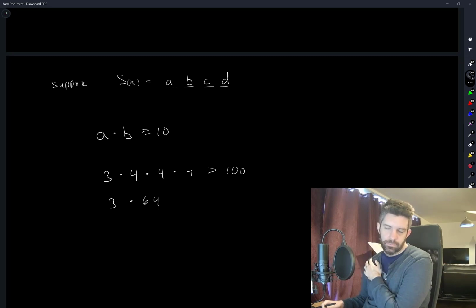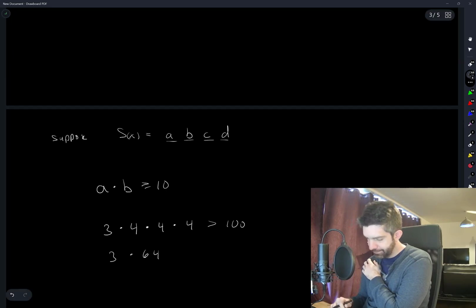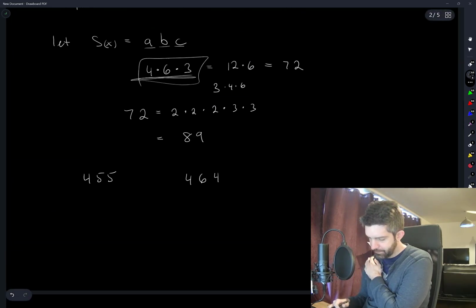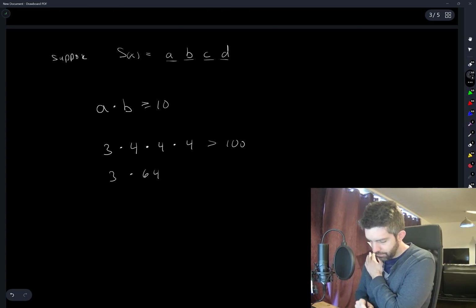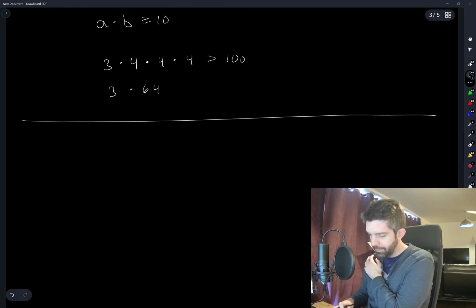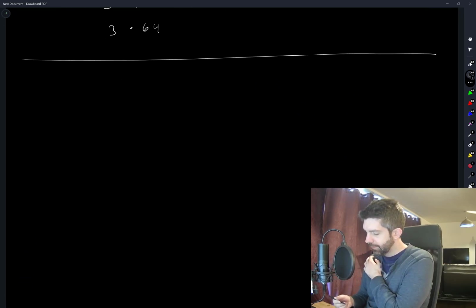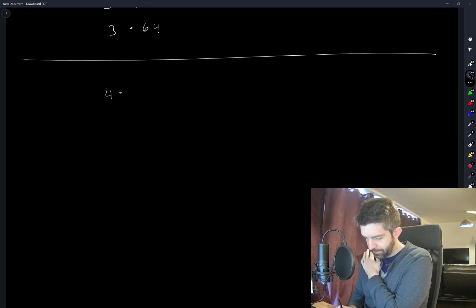Oh, the question says positive integers less than 100, not less than or equal to 100. Okay. But I think sort of reverse engineering the answer like this might be the way to go. 4 times 4 times 5, this is 80, right?